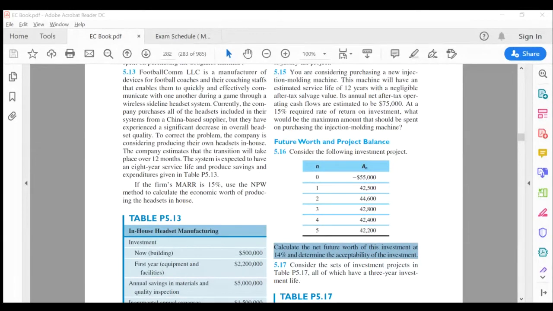For example, I'll just put the cash flows here. If you look at the cash flows in year 0, in this question it is minus 55,000.